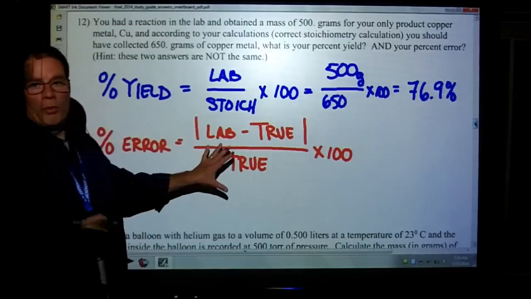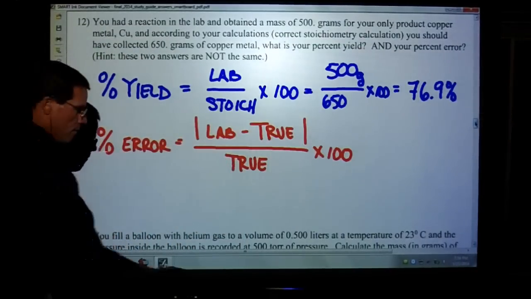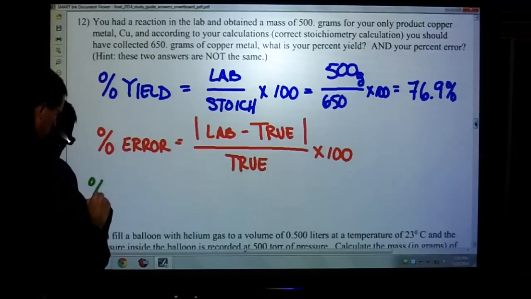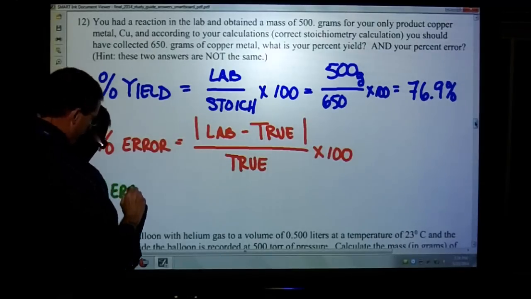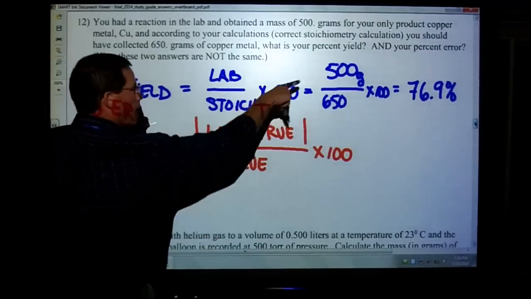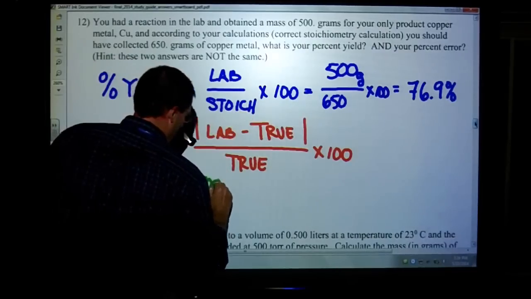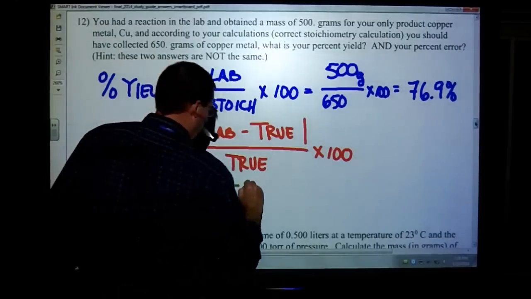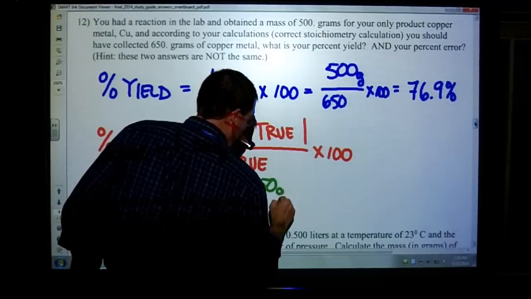Now, I guarantee you our percent error won't be anything like that. So the percent error, in the lab, I will take my 500 grams and subtract it by what I should have obtained, which is 650.